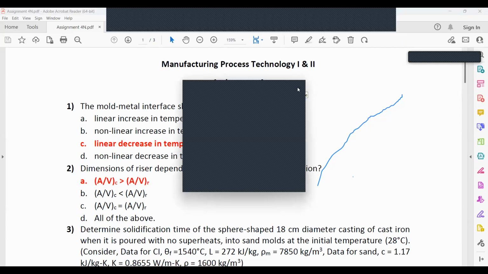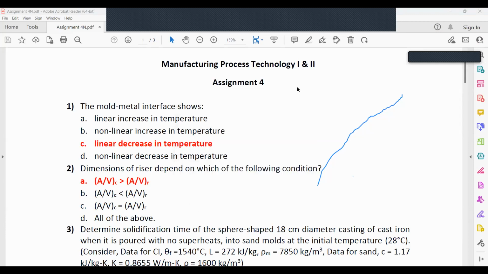Actually, in the second case, the casting is higher than the riser, na? The area by volume. So actually, in my opinion, B is correct. Area by volume of casting is low when compared with riser.